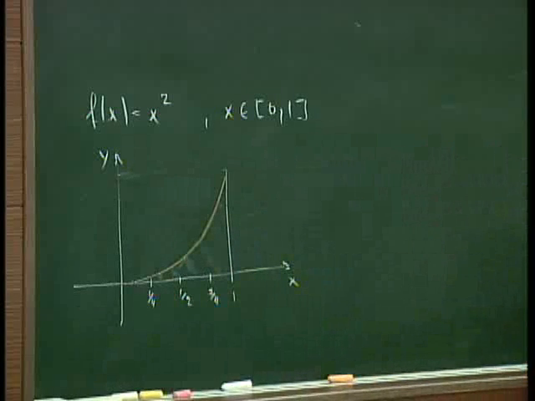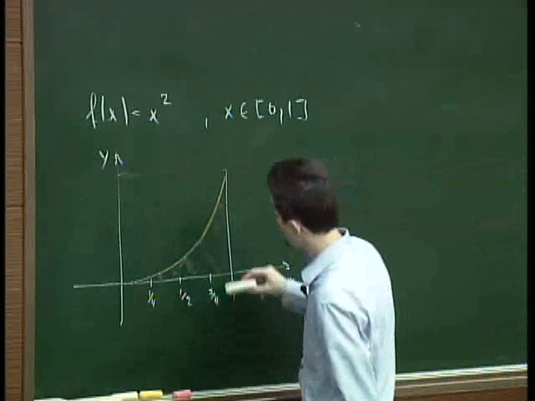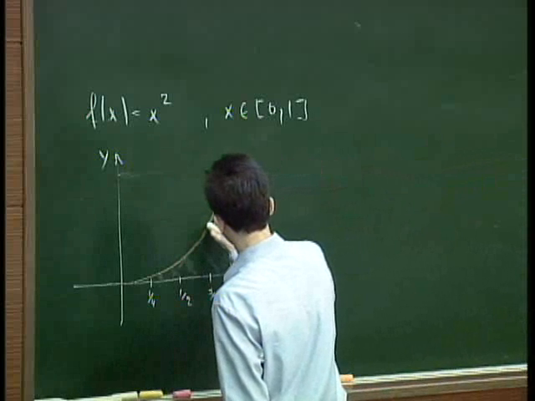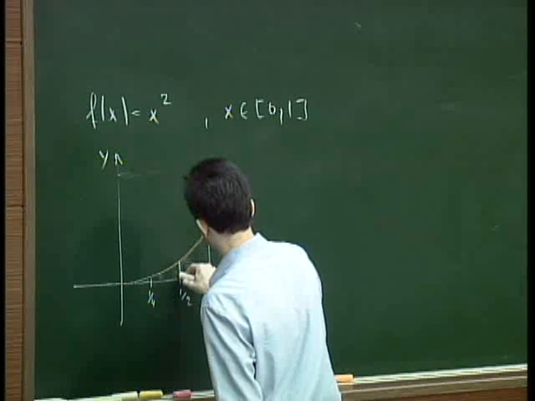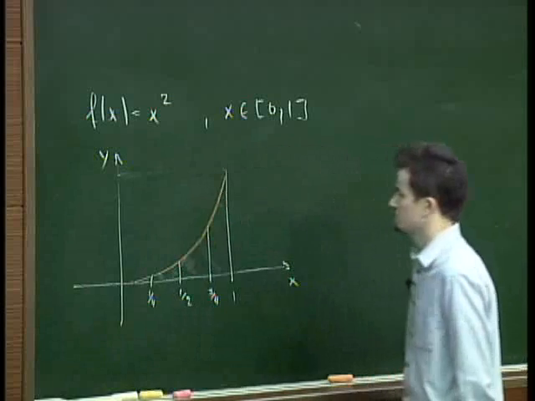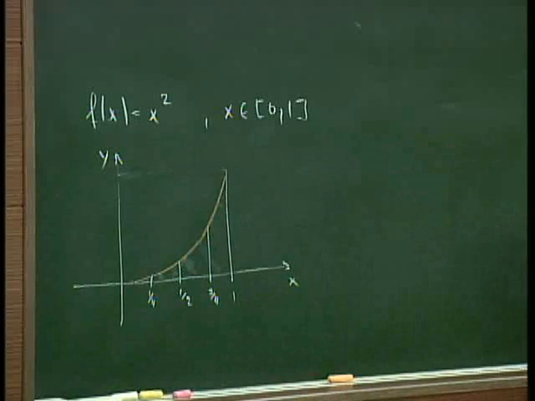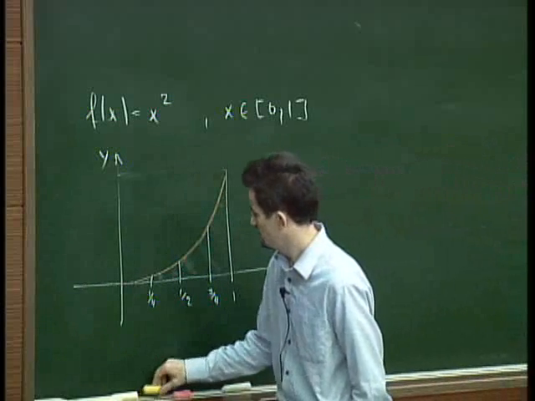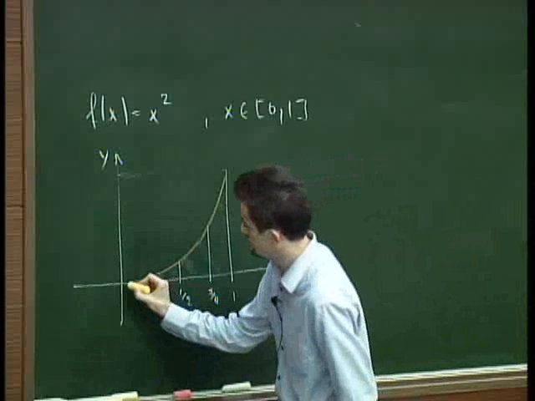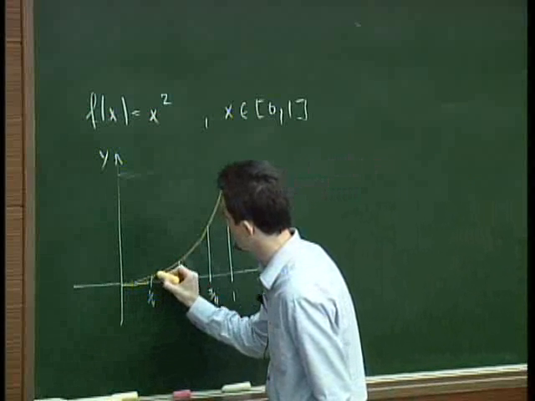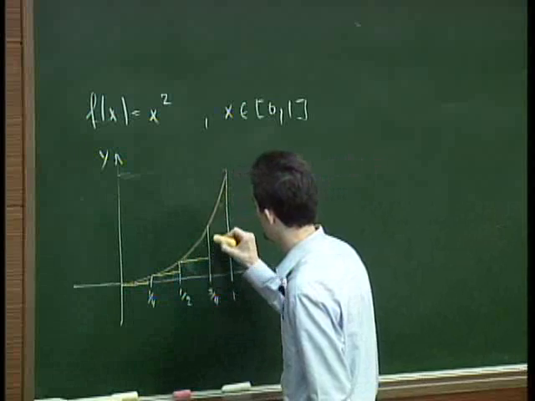Now you have the function values for those points. For instance, in every subinterval, you can take the left endpoint. Then you have here one rectangle, here the second rectangle, the third one, the fourth one.